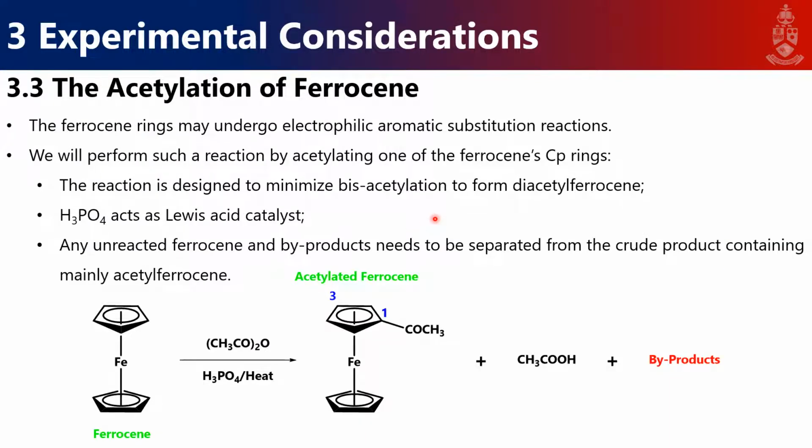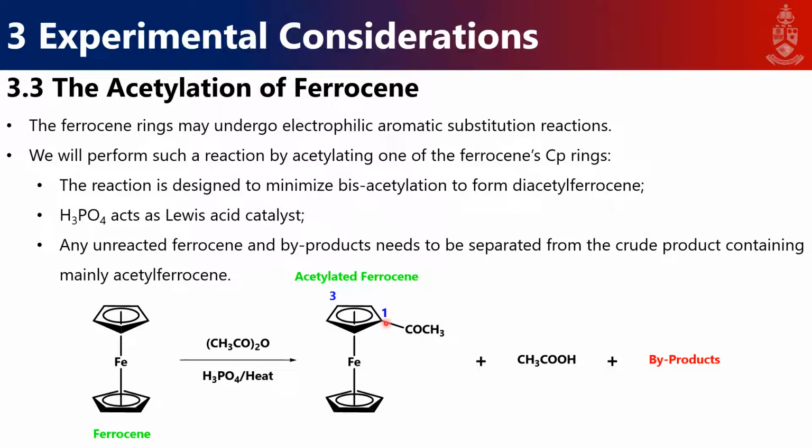The acetylation of ferrocene is of course an electrophilic aromatic substitution reaction. As we've mentioned before, ferrocene will easily undergo these types of reactions. So the Cp ring will be easily acetylated, but we cannot really control how it is acetylated. So bis-acetylation can easily occur.